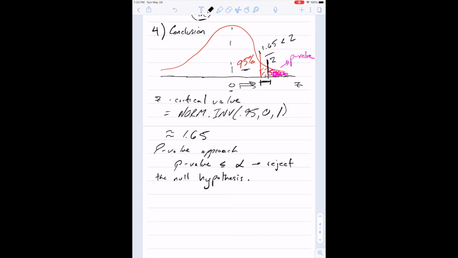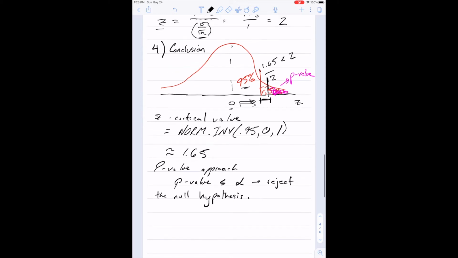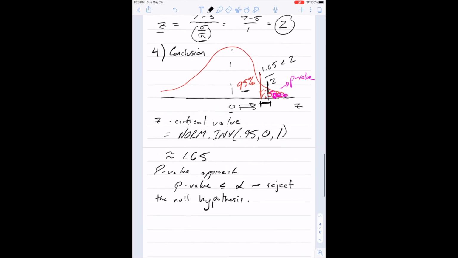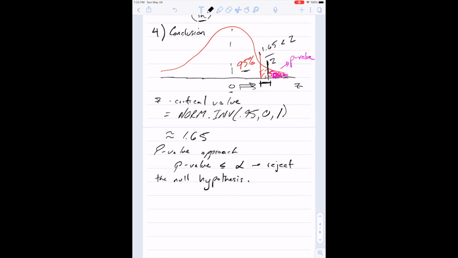Well, I could also, instead of comparing the numbers on the axis, the 1.65 and the 2, compare the areas under the curve. The area to the right of 1.65 is 5%. That's just alpha. The area to the right of my particular z statistic is called the p-value. And that's a probability too. That's the probability of landing at 2 or farther away.